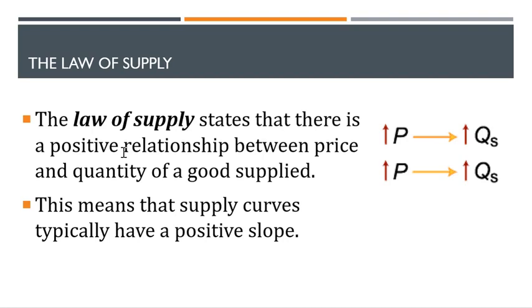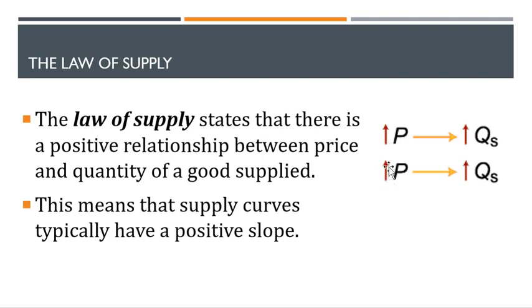Law of supply. Just like the law of demand, the law of supply also tells the relationship between price and quantity supplied. In this case, however, when price goes up, quantity supplied increases, and when there is a decrease in price, quantity supplied decreases.